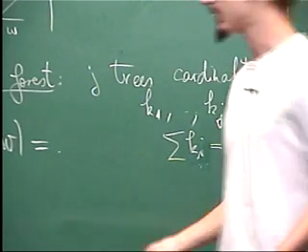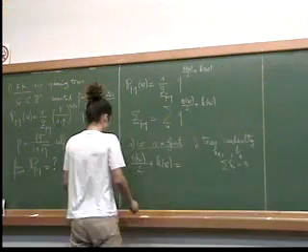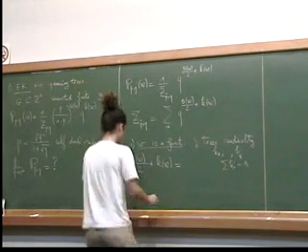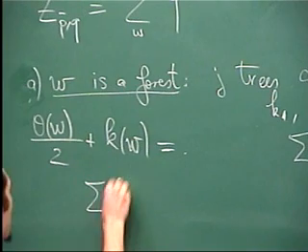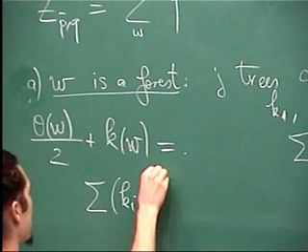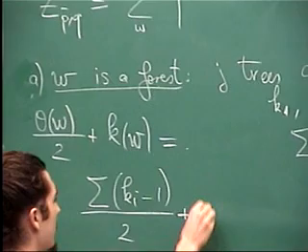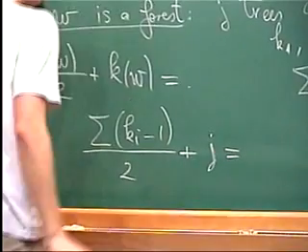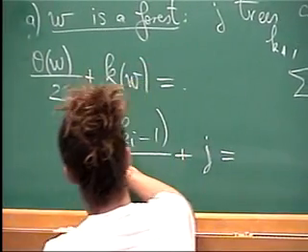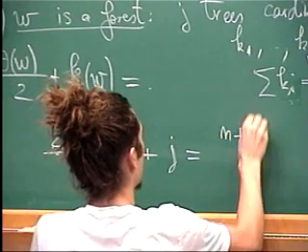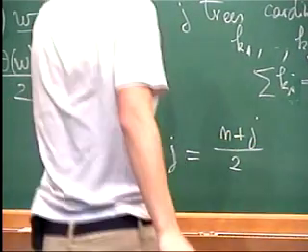So the number of open edges is the sum of the (ki minus 1), over 2, plus the number of components, which is g. So we get exactly n plus g over 2.